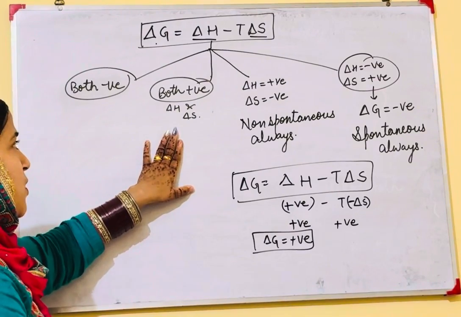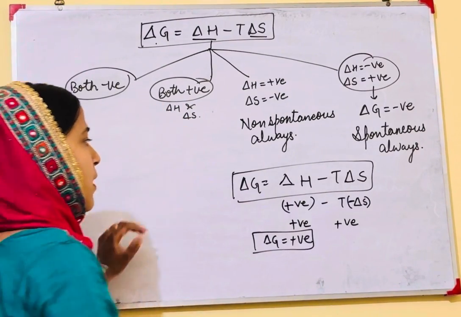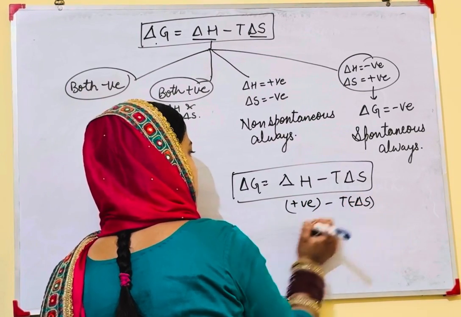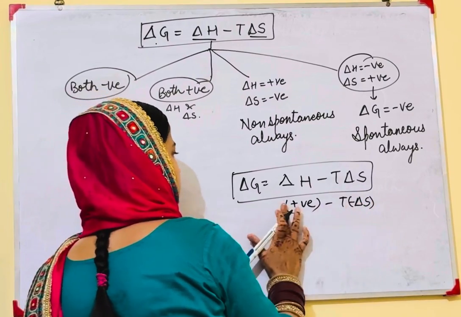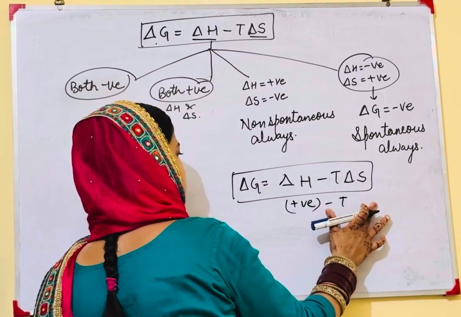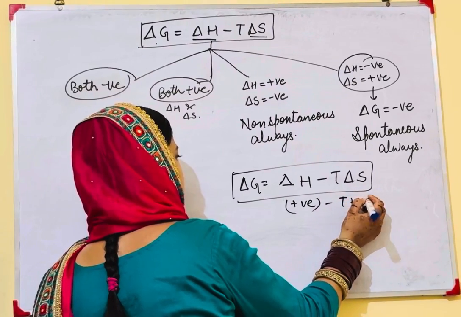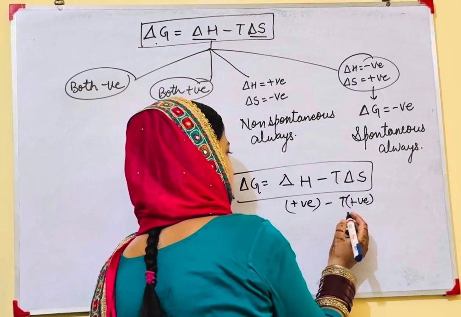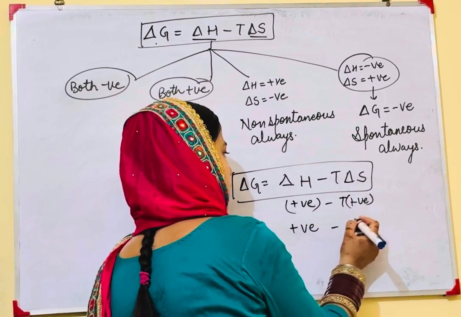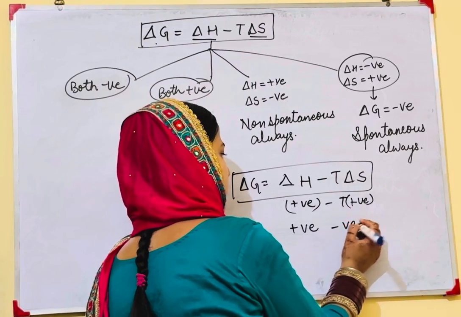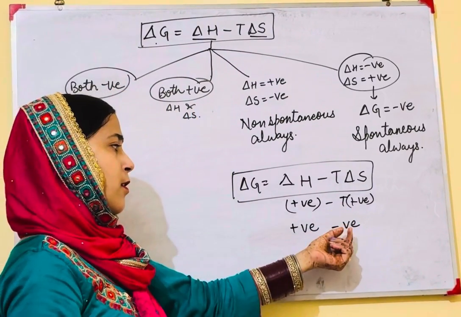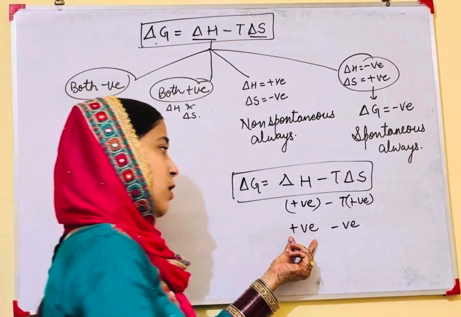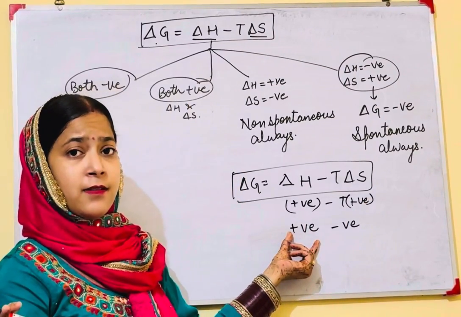Now consider the next case, where both delta H and delta S are positive. Then the T delta S term becomes negative and delta H is positive. Whose value is greater will matter.